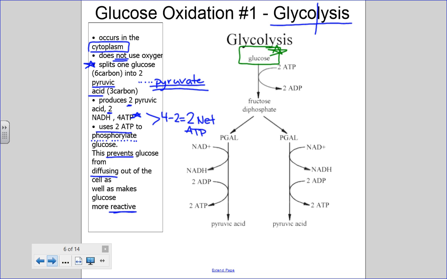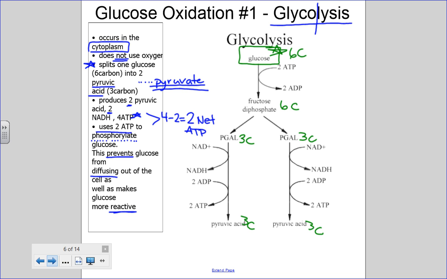I'm never going to ask you that particular name. I'm just going to highlight that these 2 things both have 6 carbons. And after that point, I split that apart into things that have 3 carbons.